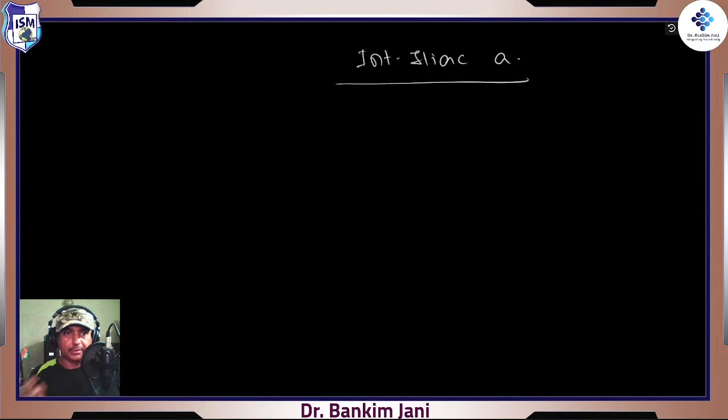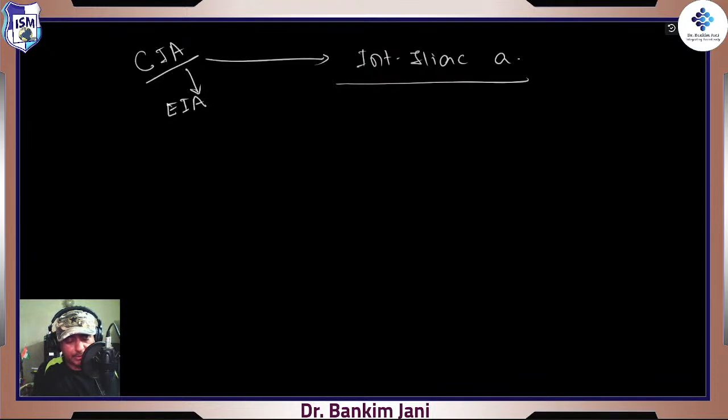There was the common iliac artery. From the common iliac, there was the external iliac artery, and then the internal iliac. It is the internal iliac which is vital for the perineum, correct? So it is this internal iliac which is supplying the perineum.